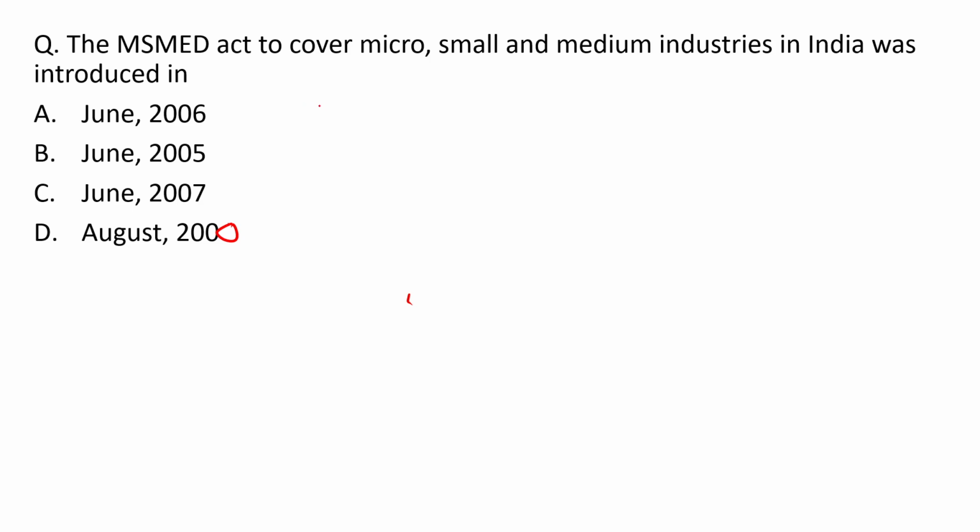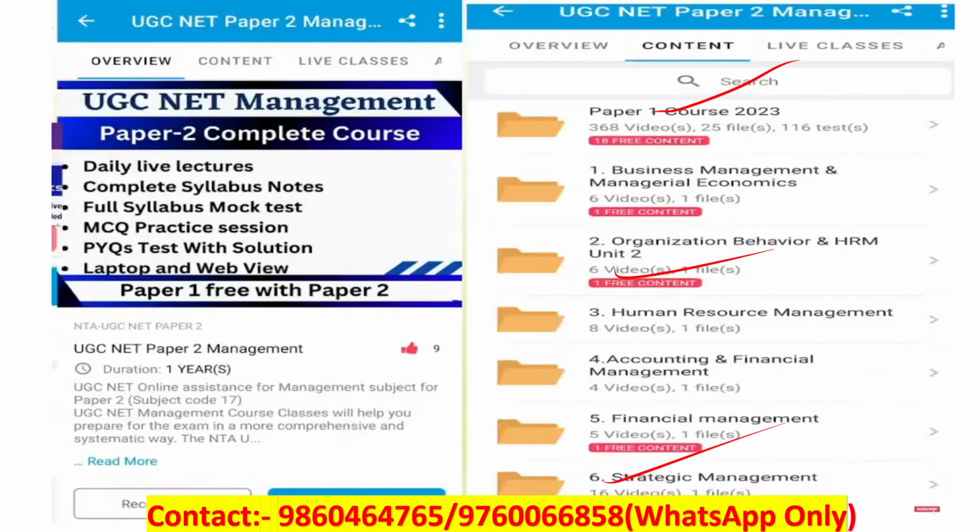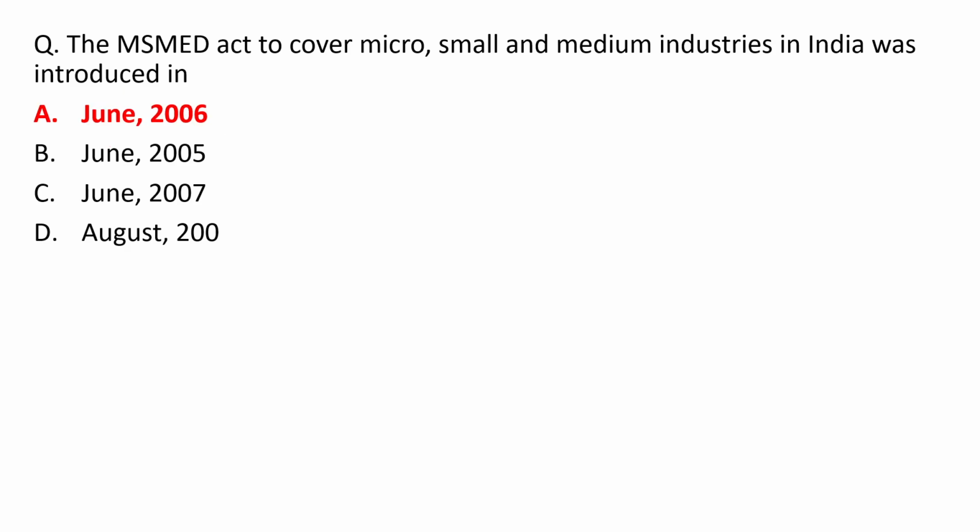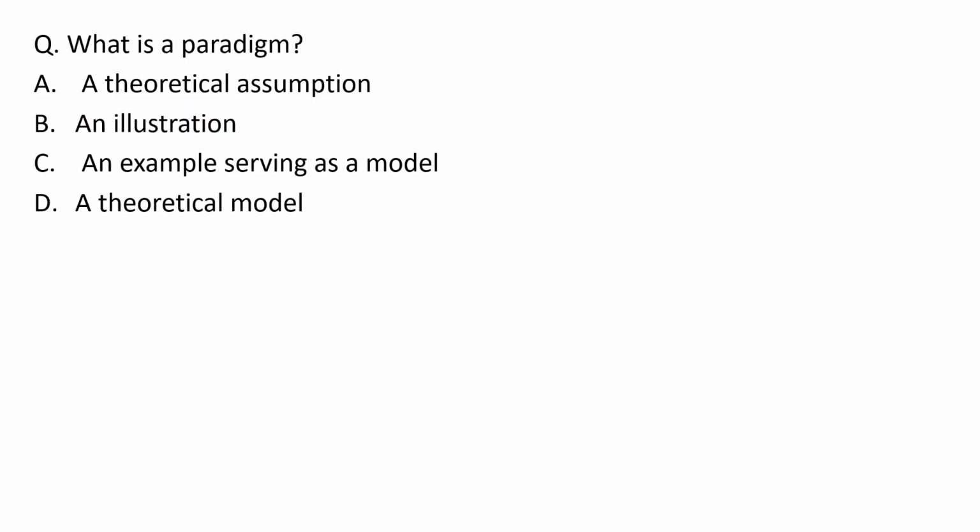When the Micro, Small and Medium Enterprises Development Act was introduced. This act was introduced in June 2006. We have June everywhere, but the year of the act is 2006. So remember that in June 2006 this act was introduced. So option A, June 2006, is the right answer. Let's move to the next question.